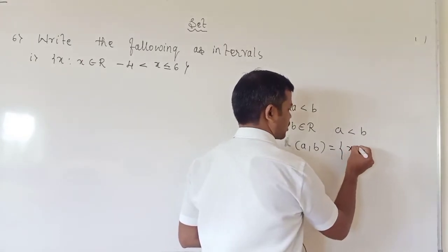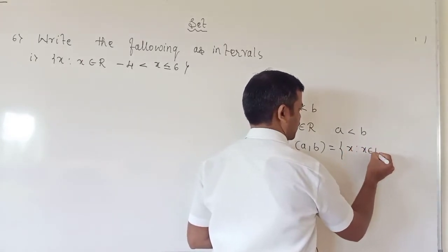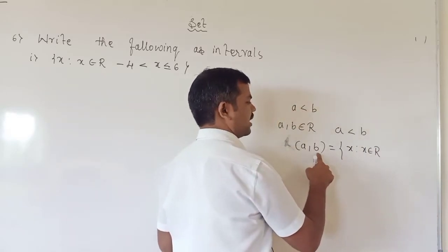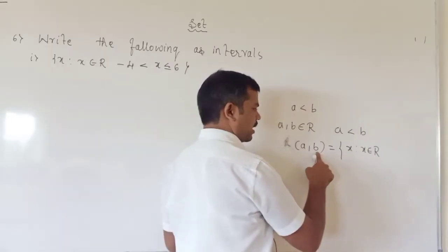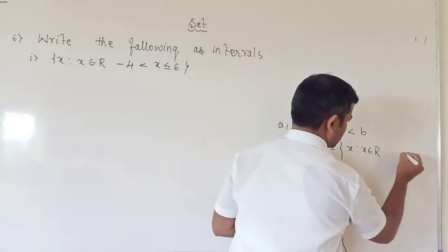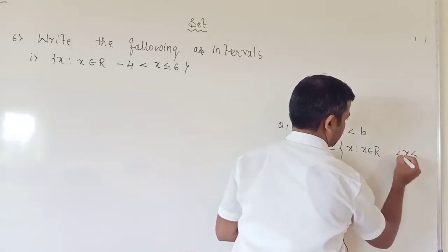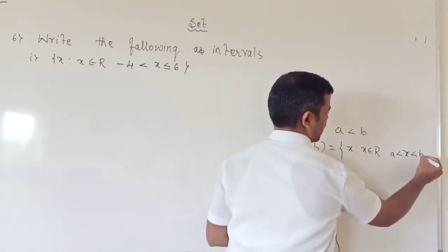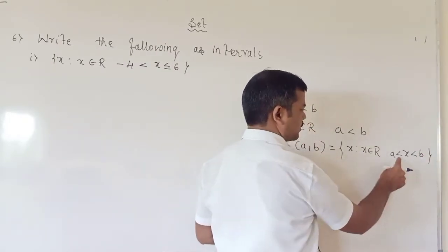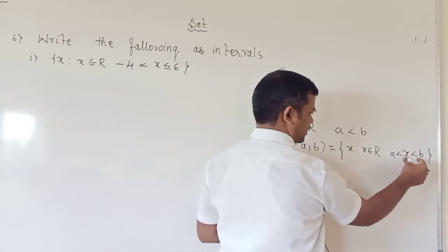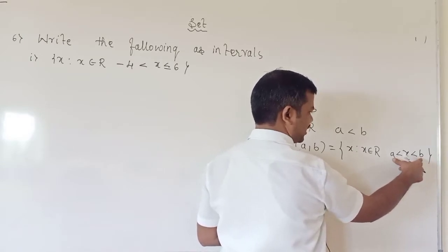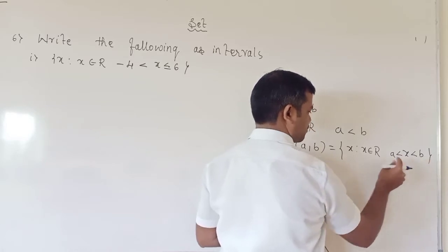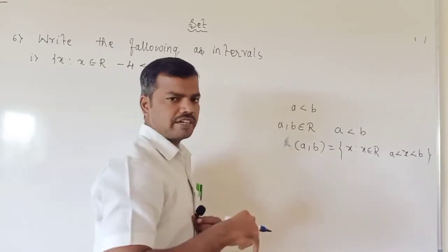The collection of real numbers x between a and b, that is x greater than a and less than b. Not including a and b, that is called an open interval.